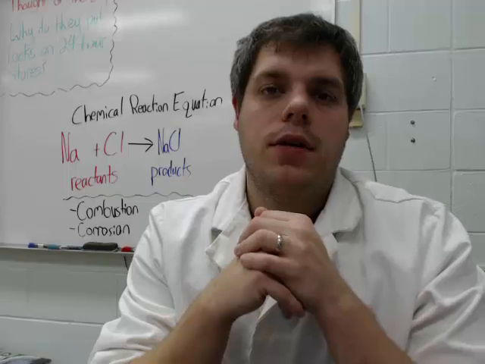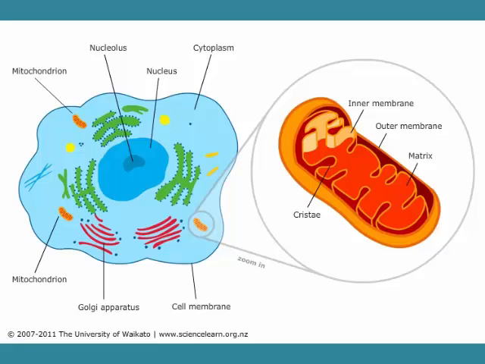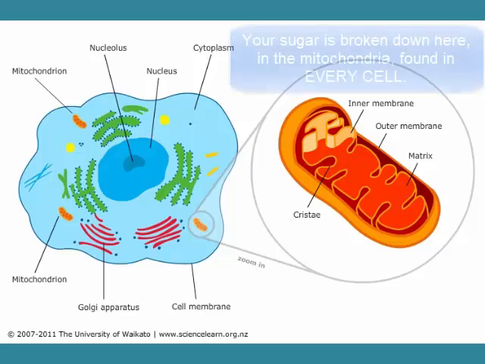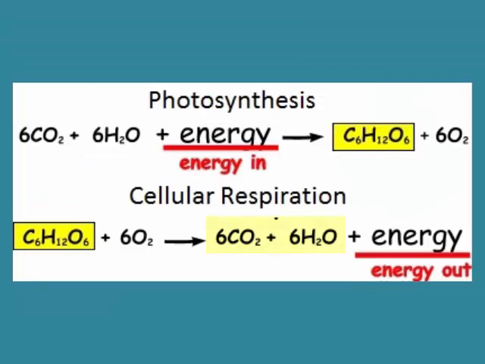It's called cellular respiration. It's where your body takes sugar, and inside of a certain organelle, inside of each of your cells, it burns the sugar. It goes through chemical combustion and literally breaks the sugar down into, you guessed it, water and carbon dioxide.